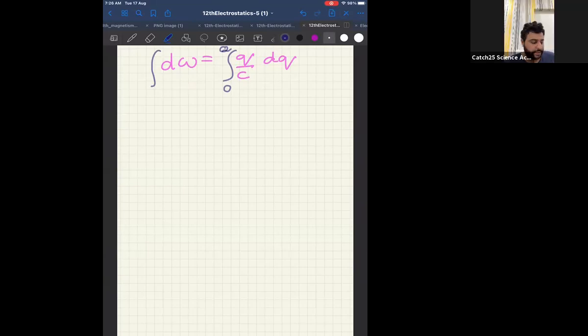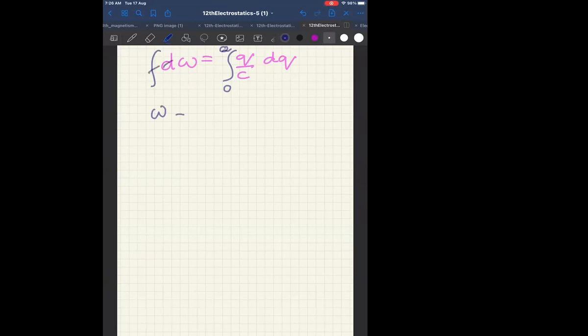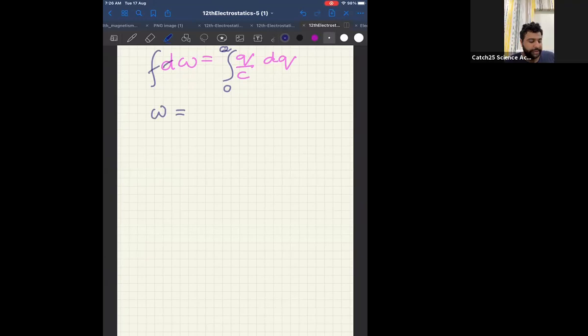Now let me do it step by step. Integration of dW will only be W, because integration and differentiation cancel, equal to, since I'm integrating with respect to charge, 1 by C will come outside. It becomes integration from 0 to capital Q of Q dQ.